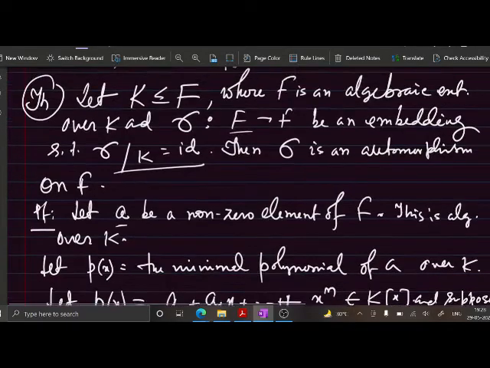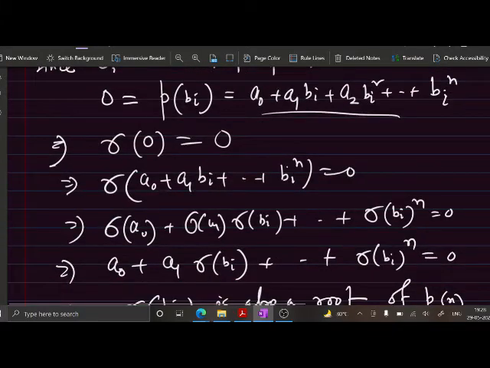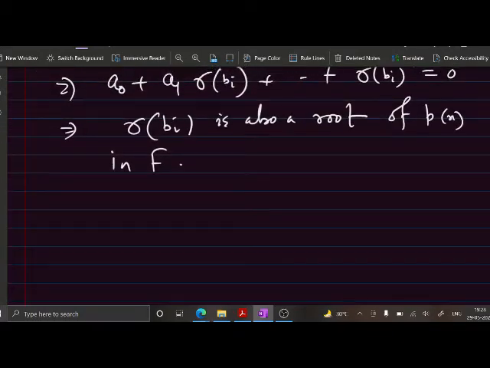Because sigma is a map from F to F. So for each bi, sigma bi is also a root of the same polynomial p(x) in the field F.